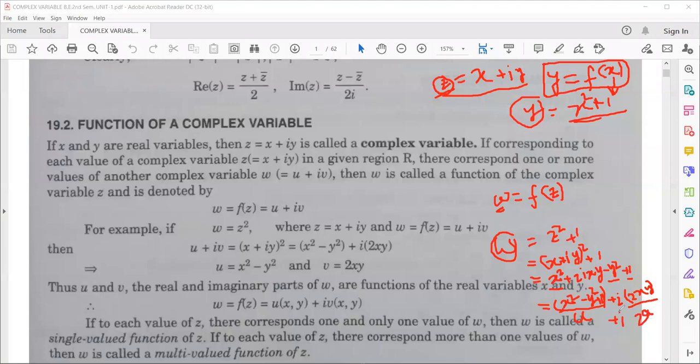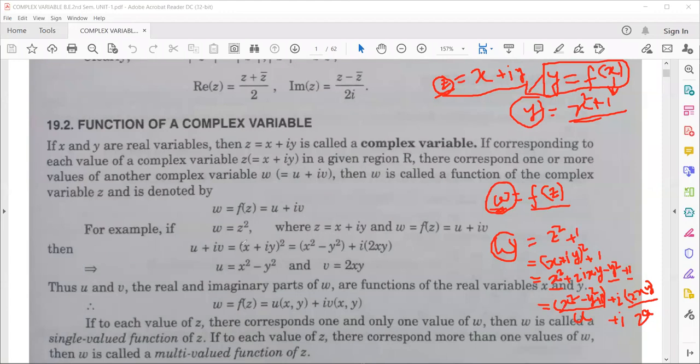So if w is a function of z, where z is a complex number, then w is also a complex number. Here z is a variable, so just go on changing the value of z. Every time you will get a different value of w. Corresponding to each value of z, you will get one value of w.